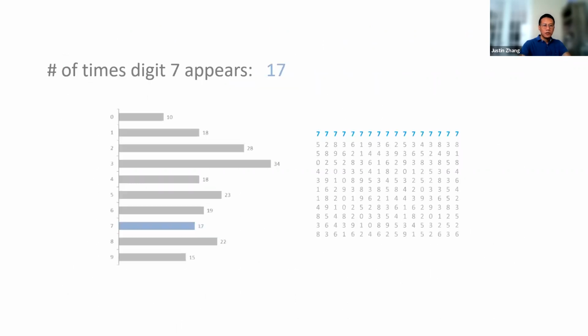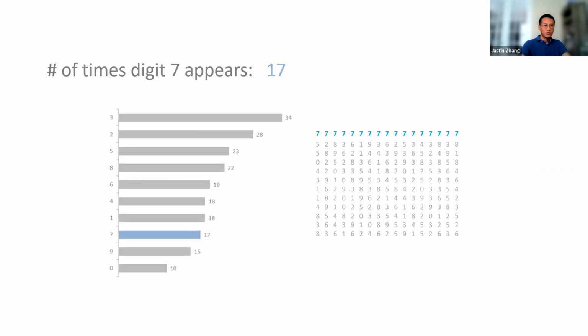Now we can even draw a bar chart to illustrate our original data set. Now we have more information about this data set. In addition to the number of times the digit 7 appears, we now have additional information we can interpret.